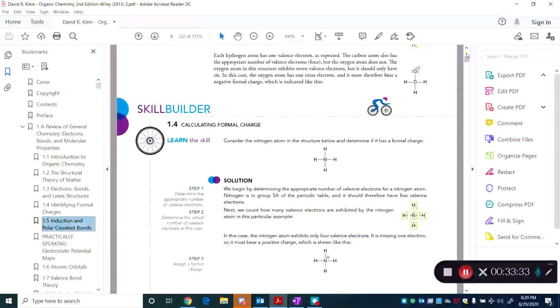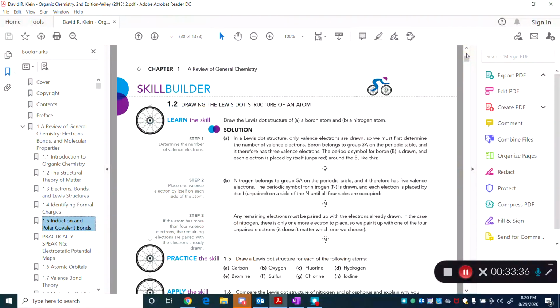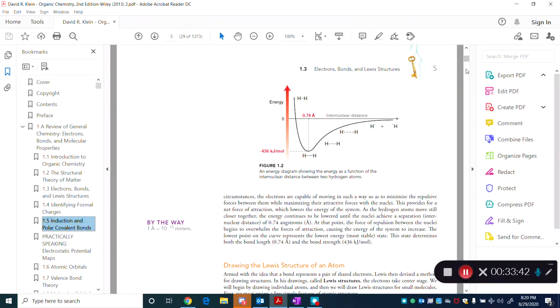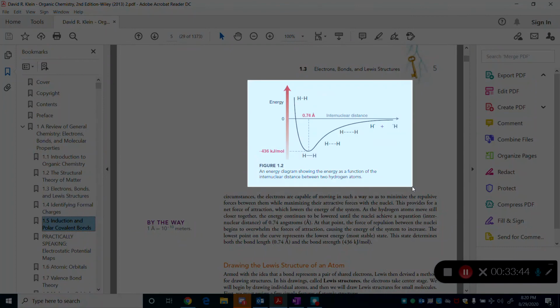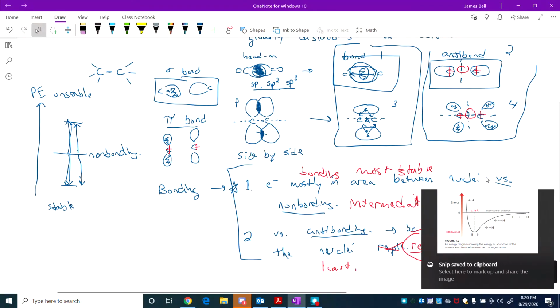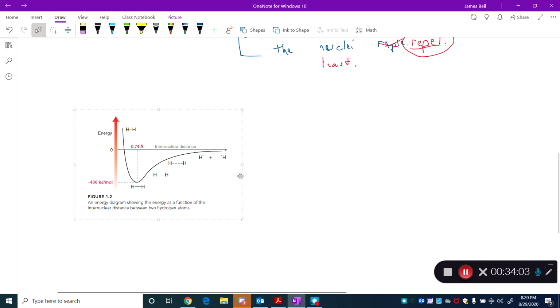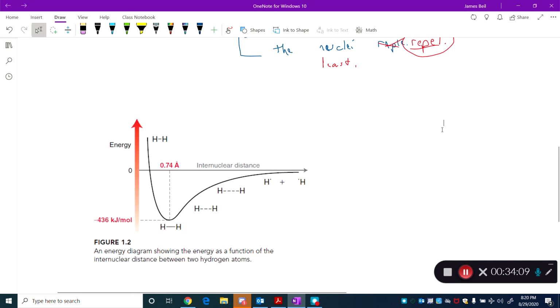So we talked about that back here in the beginning of the chapter. Whatever the covalent bond is, as we said, there's some optimal distance.